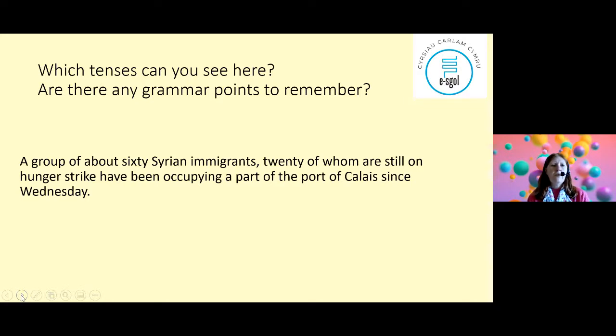I would like you to take a minute now, please, to have a think about this. Please write your answers in the Q&A. So which tenses can you see here? And are there any grammar points to remember?